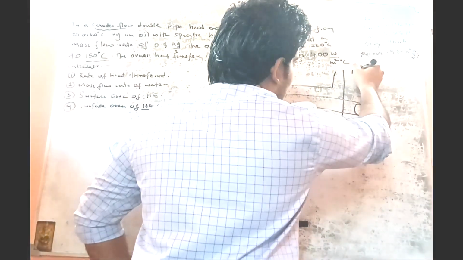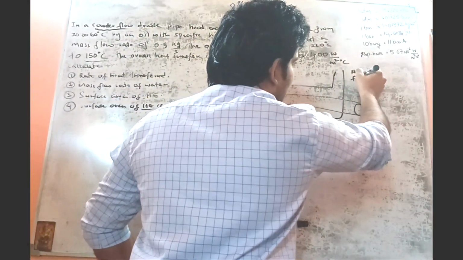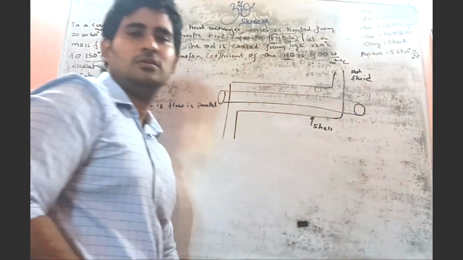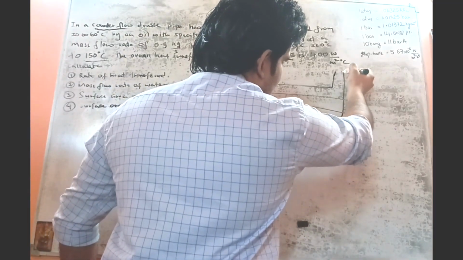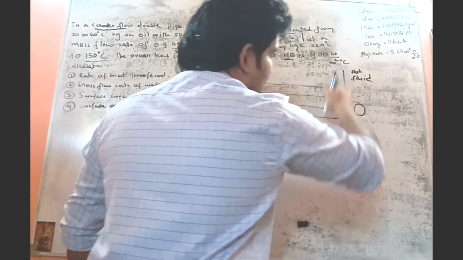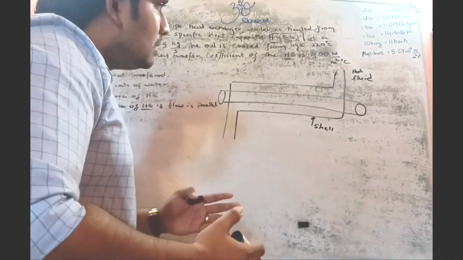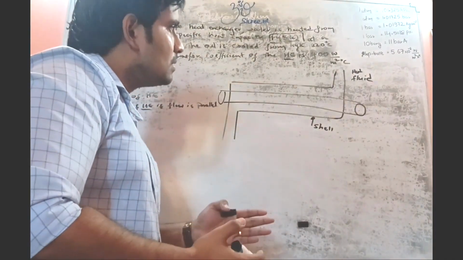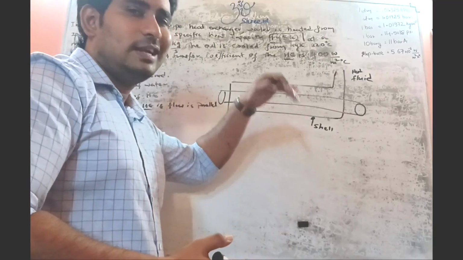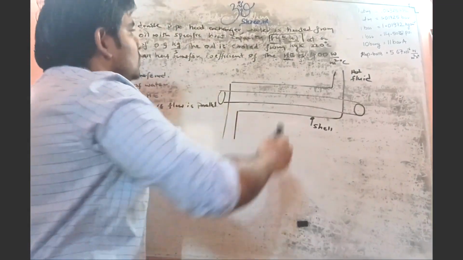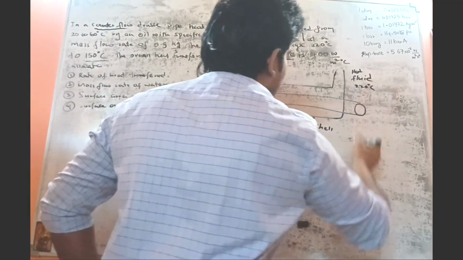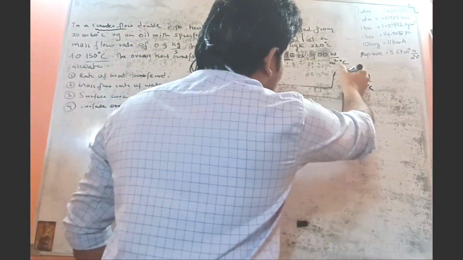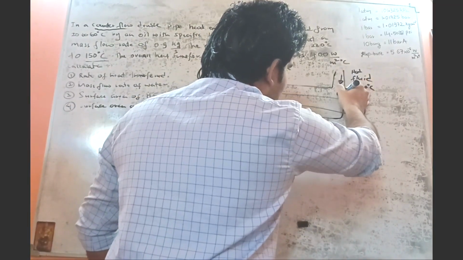From this side we have the hot fluid, because this inlet is where the hot fluid enters. The temperature is 220 degrees Celsius, so the hot fluid enters like that.